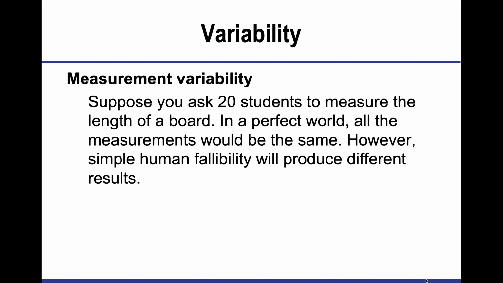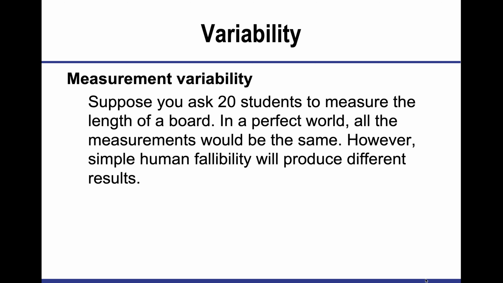When we're asking measurement variability, suppose I ask 20 students to give me a measurement for a board. In a perfect world, all 20 students would measure exactly the same. However, as we know, students are going to get slightly different answers because they may have to estimate a little bit, or maybe they don't put the ruler all the way at the end. And so simple human nature is going to lend to the fact that we're going to get some different results.